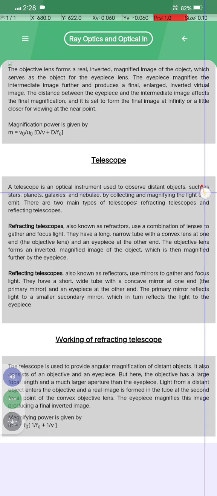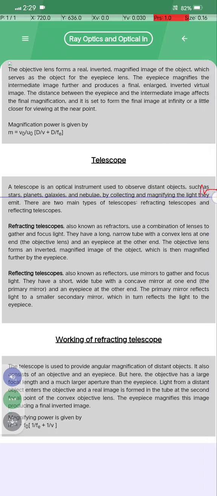A telescope is an optical instrument used to observe distant objects such as stars, planets, galaxies, and nebulae by collecting and magnifying the light they emit. There are two main types of telescope, the refractive telescope and the reflective telescope. The refractive telescope, also known as the refractor, uses a combination of lenses to gather and focus light.